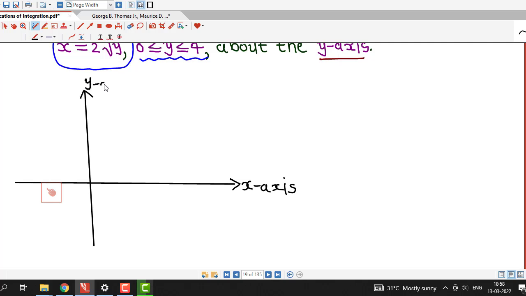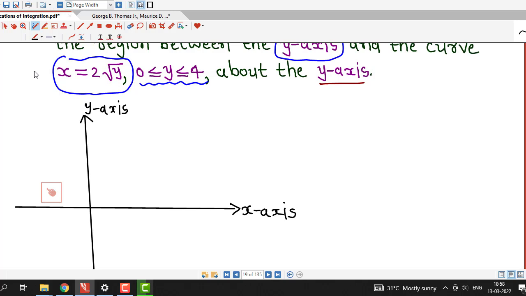Here we have the y-axis. The given curve is x equal to 2 square root of y, and if we take squares on both sides we have x square equal to 4y. So it is a parabola, and it opens in the upward direction, and y lies between 0 and 4.